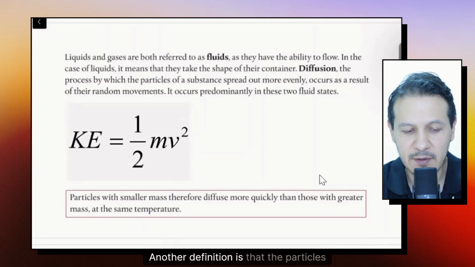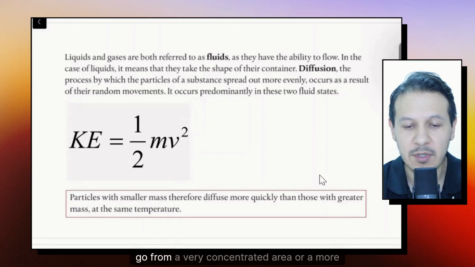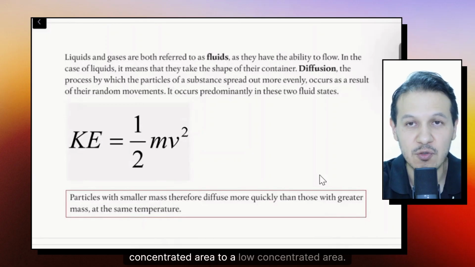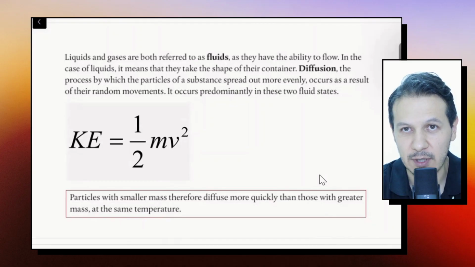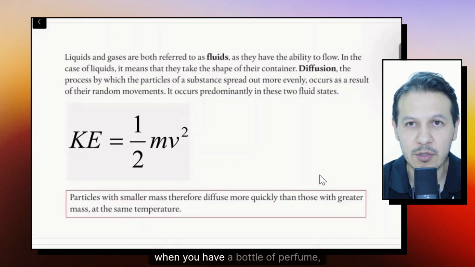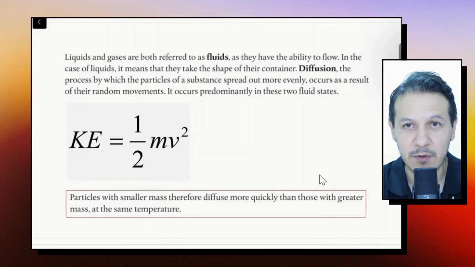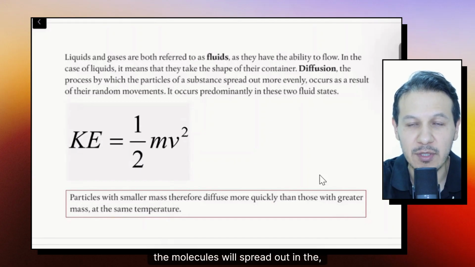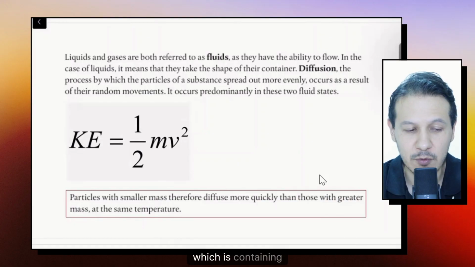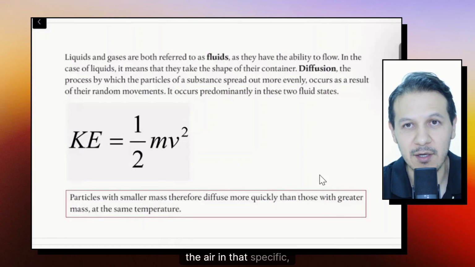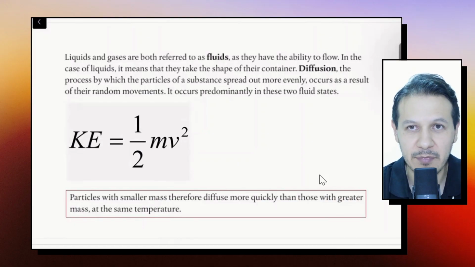Another definition is that the particles go from a more concentrated area to a less concentrated area. For example, when you have a bottle of perfume, when we spray the perfume, the molecules will spread out in the room, which is containing the air in that specific moment.